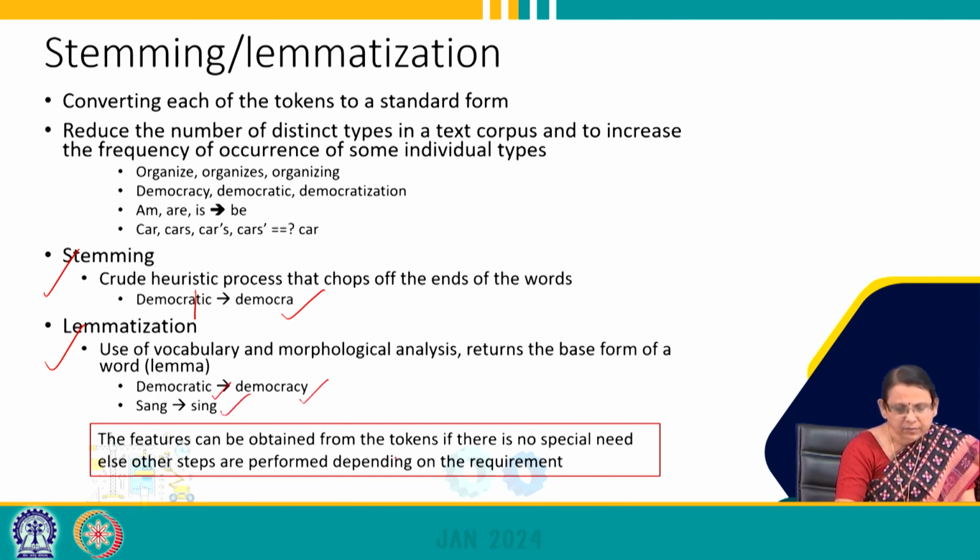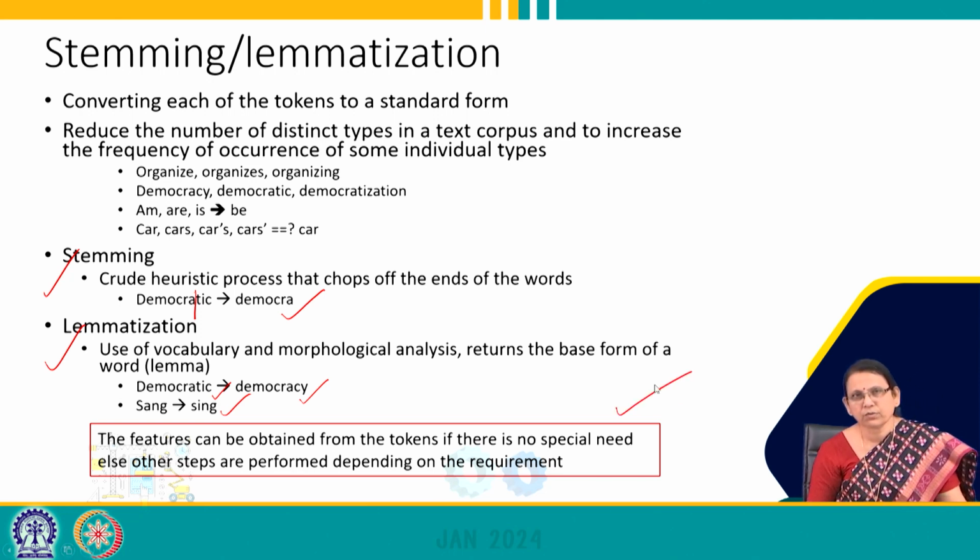Now, the features can be obtained from the tokens if there is no special need; otherwise other steps are performed depending on the requirement. The next stage that we are going to look at is a little bit advanced.